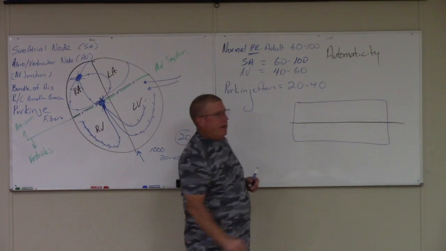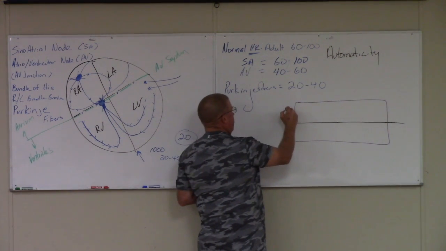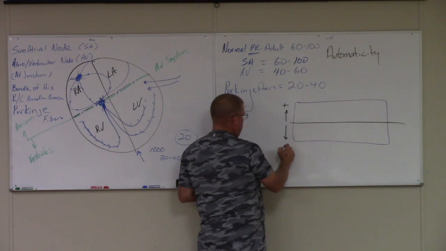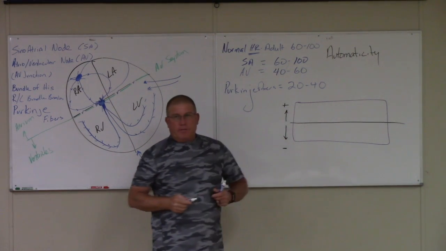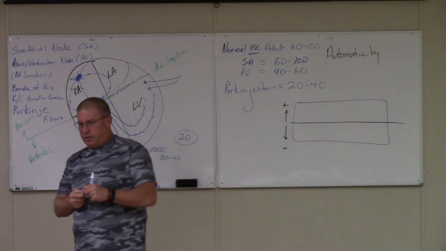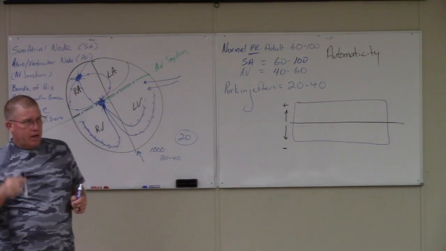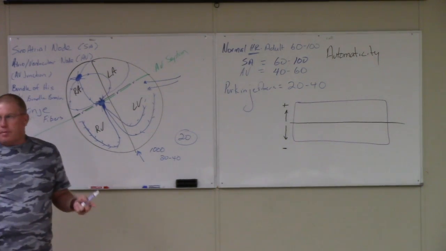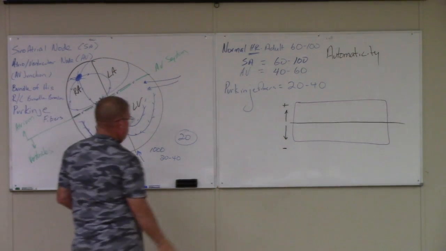Anything above that line is called a positive deflection. Anything below that line is called a negative deflection. If you know anything about electricity, you've got a positive charge and a negative charge, okay? We're not getting into depth about that, but just know a deflection.